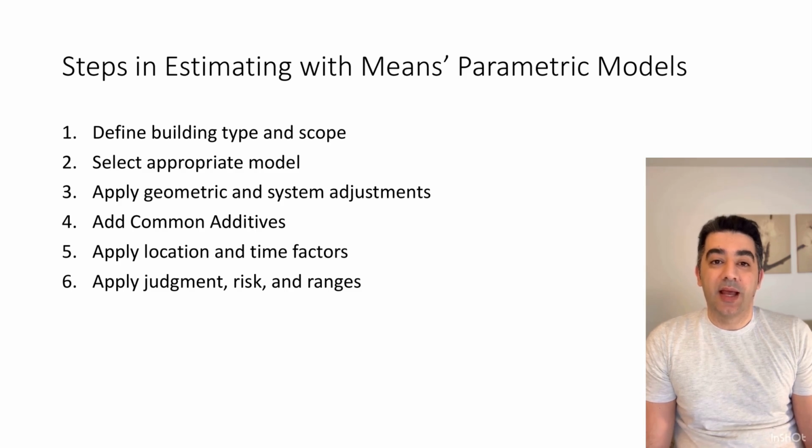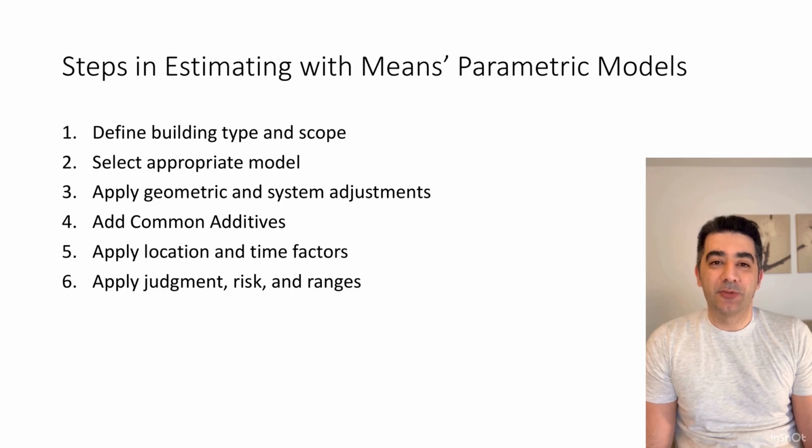After that, we add common additives for scope elements that fall outside the model's standard assumptions, keeping those additions explicit and transparent. We then apply location and time factors to adjust national average data to the project's market and year. Finally, and most importantly, we apply professional judgment, accounting for risk, uncertainty, and incomplete information, and we communicate the result as a range, not a single number.